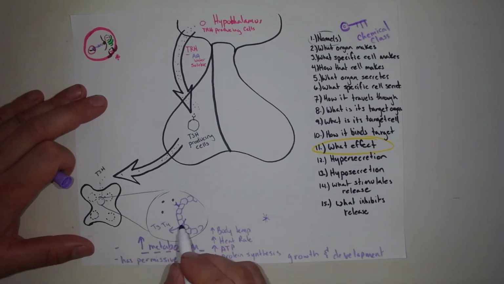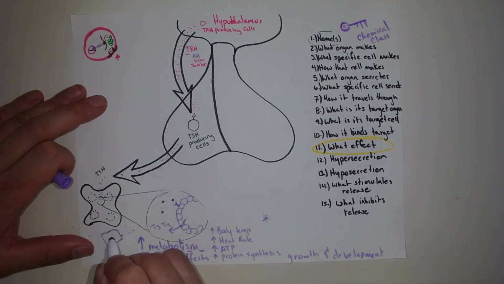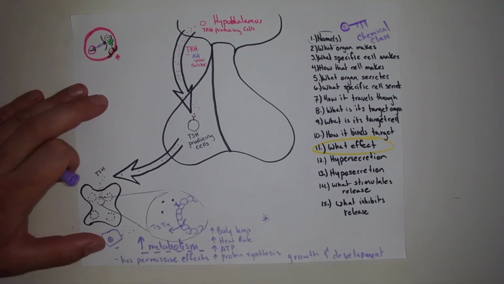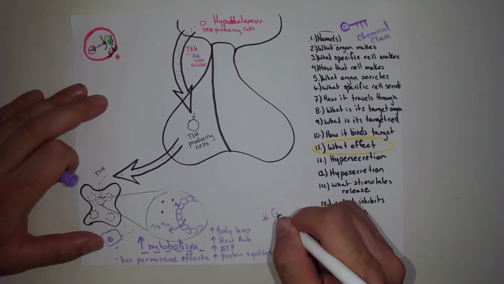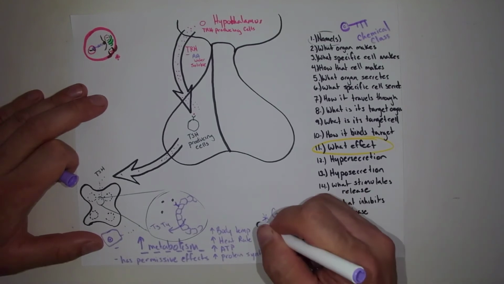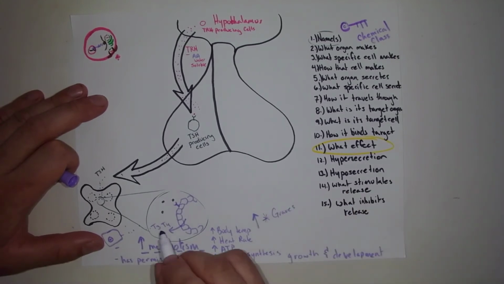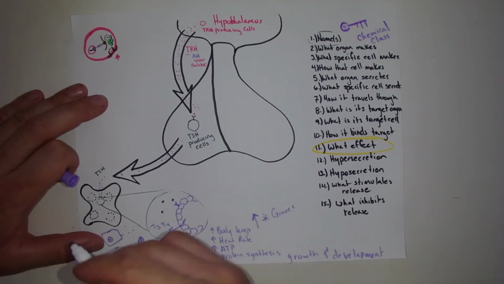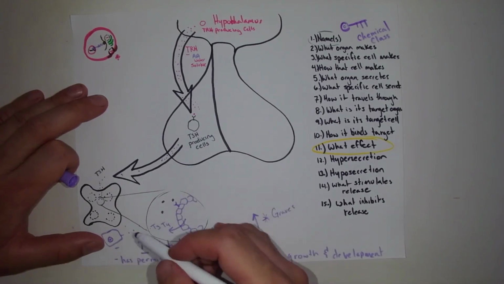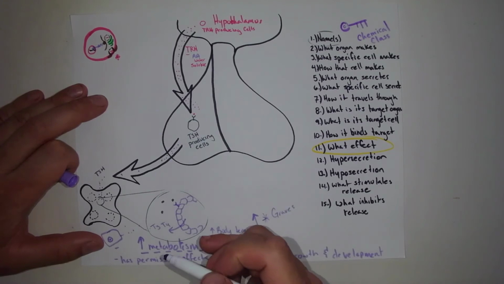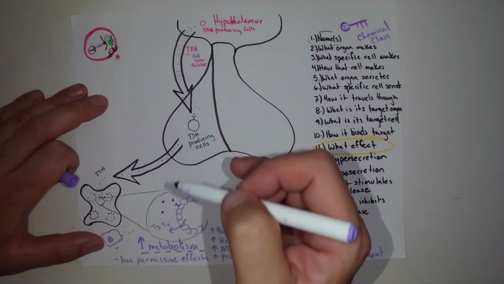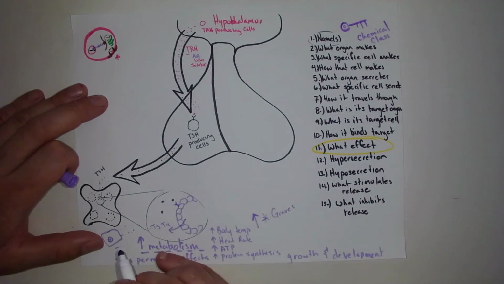So they can bind to the receptors of target cells here in the nucleus, actually, to increase that cell's metabolism and growth and development. So Graves' disease is essentially like hypersecretion of T3, T4, which could be because of too much secretion of TSH, which would be because of too much secretion of TRH.